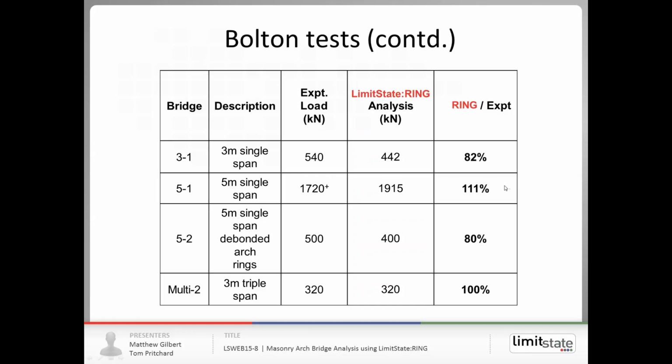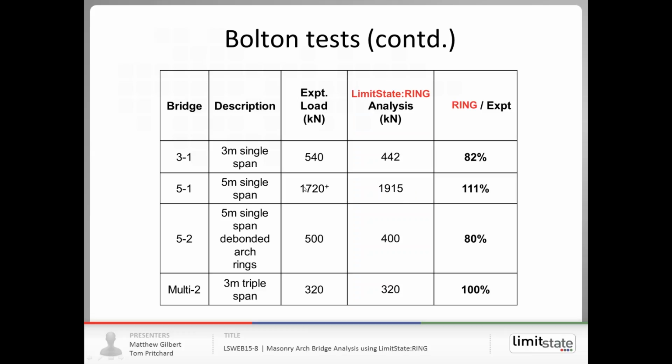There's one slightly worrying one, which is 5-1, where we actually overestimate the capacity of the bridge. And the reason for that is this particular bridge was constructed using 4 rings of brickwork, and at 1720 kilonewtons we abruptly had separation of those rings, whereas the Ring analysis assumed effectively a voussoir-like behaviour.